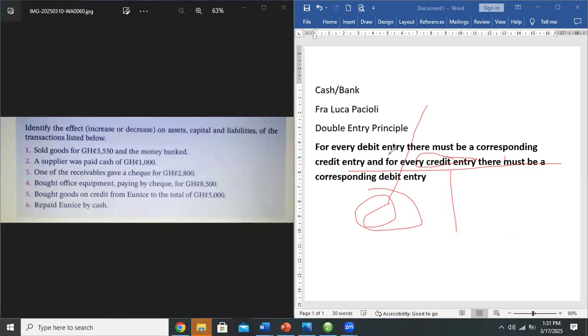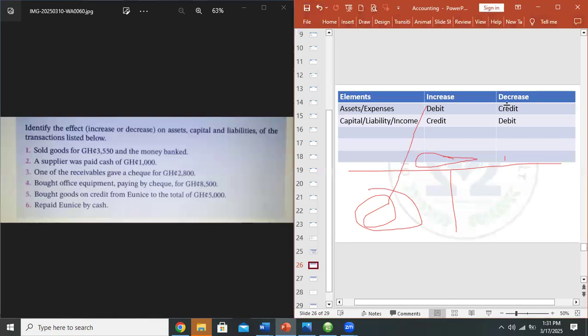So what I was trying to do again is to now take us back to the transactions that we ourselves went through to see the effect, the increase, the decrease, right? And I wanted us to apply what we have just learned, that if assets increase, you debit. When they decrease, you do what? You credit.